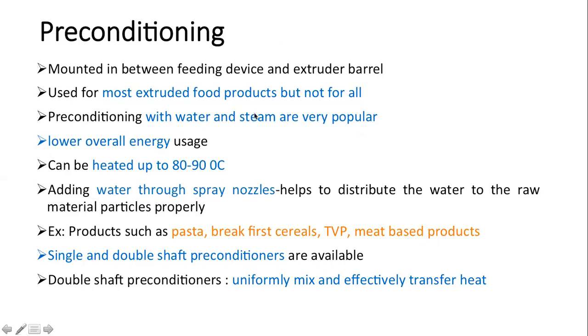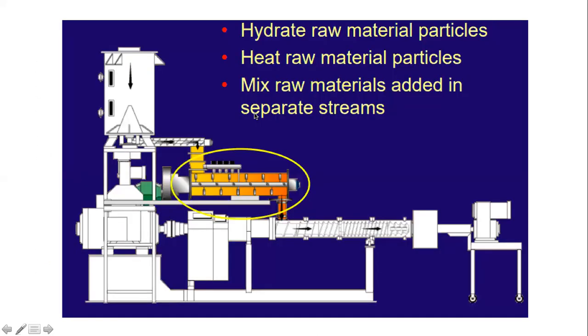You can see how to implement a preconditioning system; you can fix it here or here based on your requirement. Then in this extruder, this is the feeding tank, the feeding point. That's why they have developed this machine like this. Based on the parameters and properties of your extruder and the requirements of your process line, you can install and design your own preconditioning system.